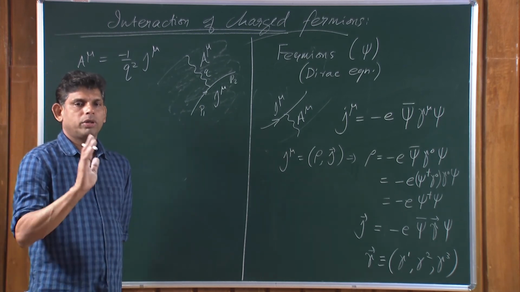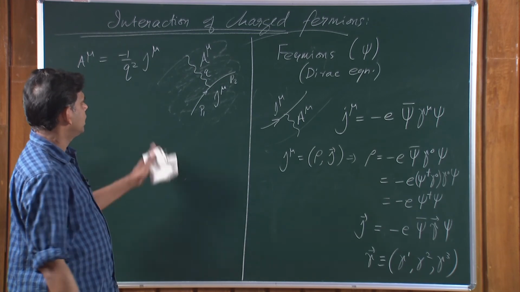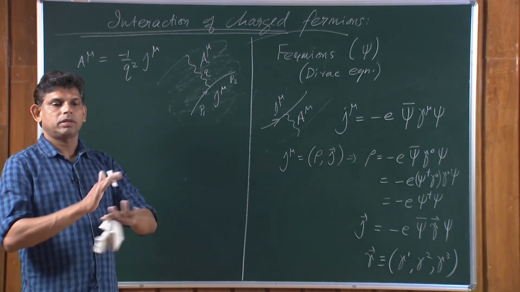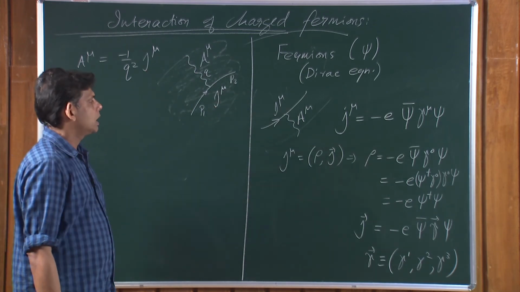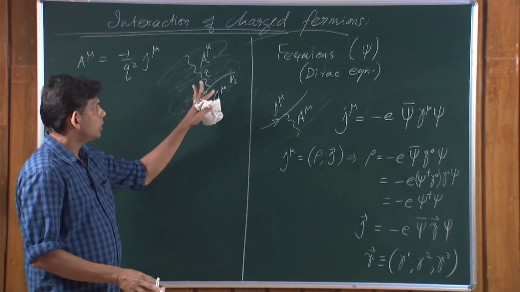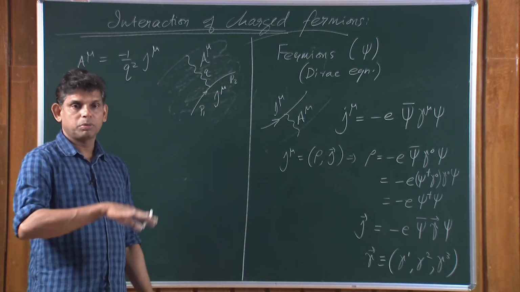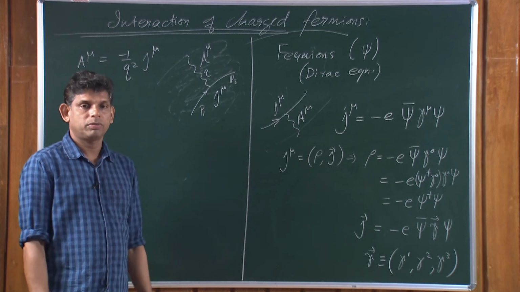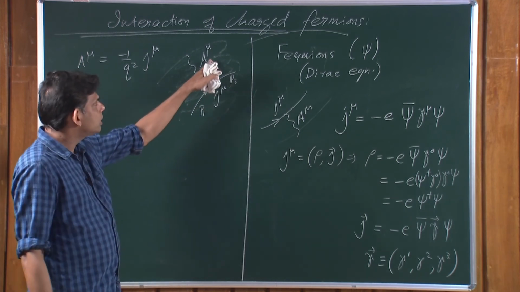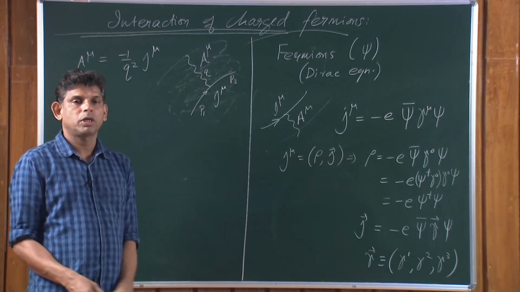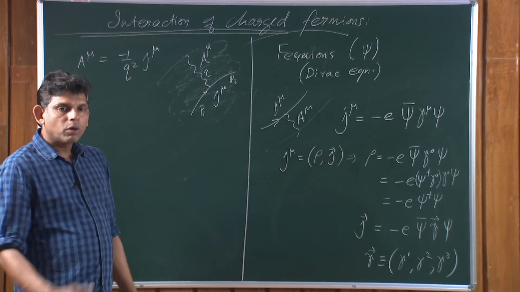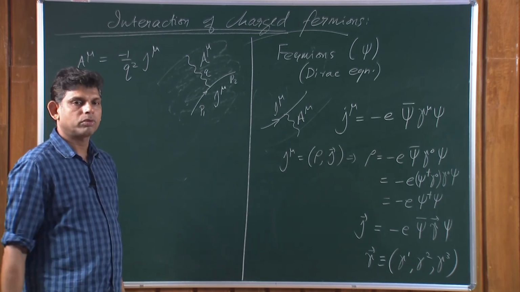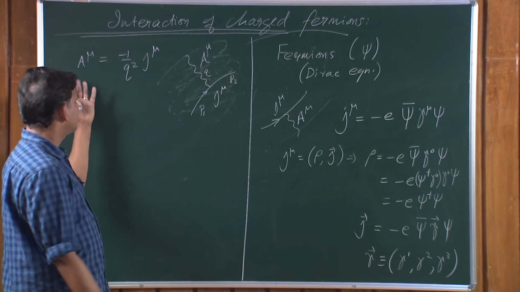To get the complete description of the electromagnetic field surrounding this in a space configuration coordinate picture, you will have to take all such possible q and integrate over A, or take the Fourier transform of this A to get the spatial part.